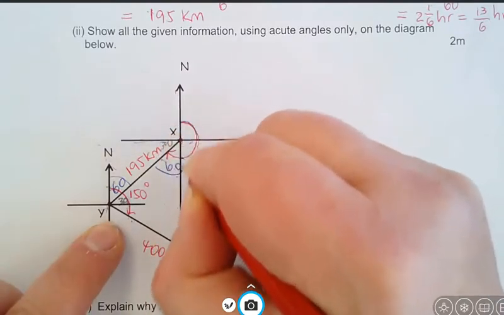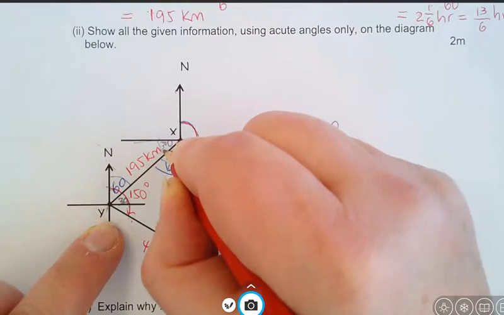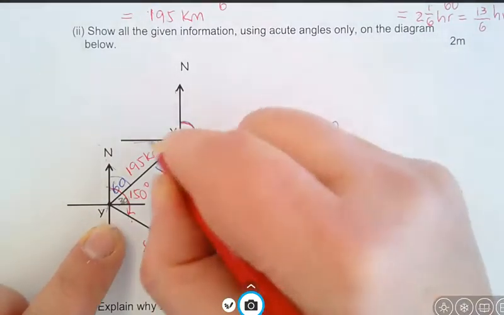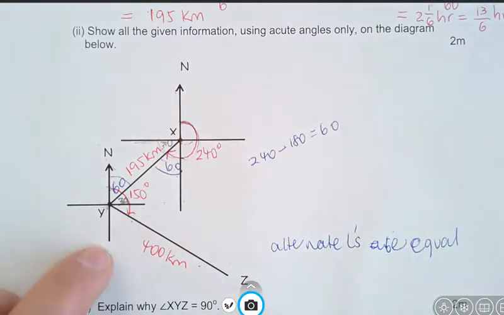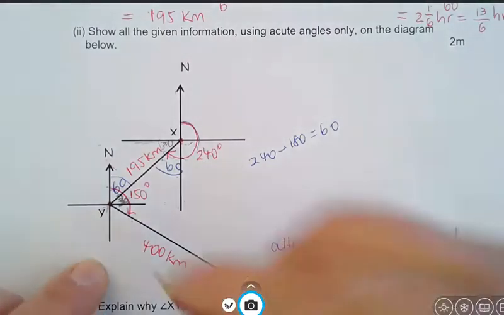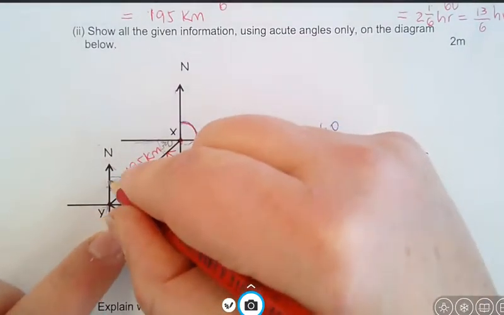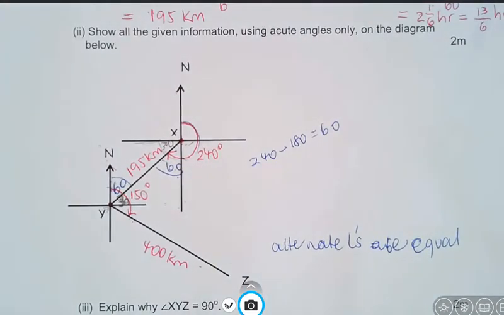So, girls, the other way you could have done it, if that's 240, that's 30, because it's 270 minus 240. You could have done alternate this way. 30. Then you would do... Actually, that doesn't help. Don't do it that way. Oh, you could, but I probably wouldn't.